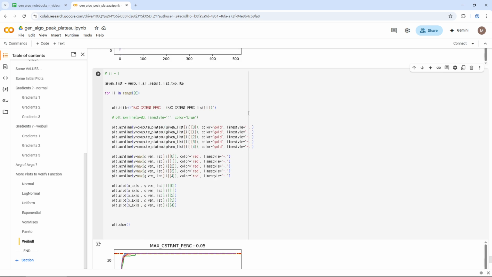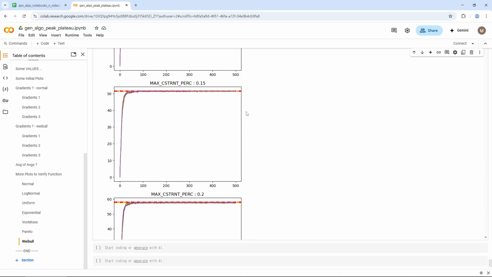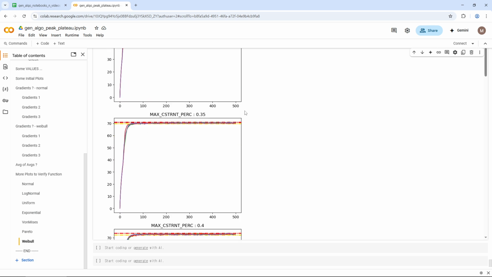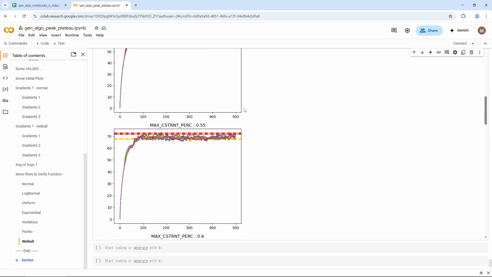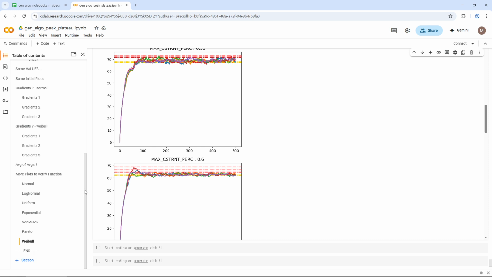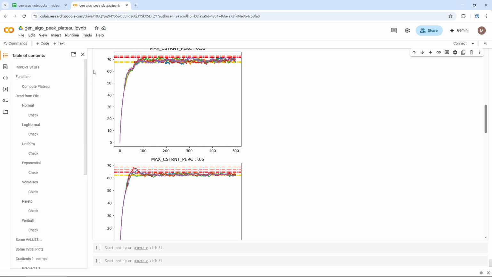What is this? Yeah. So that's how you compute the peak and the plateau given a list.